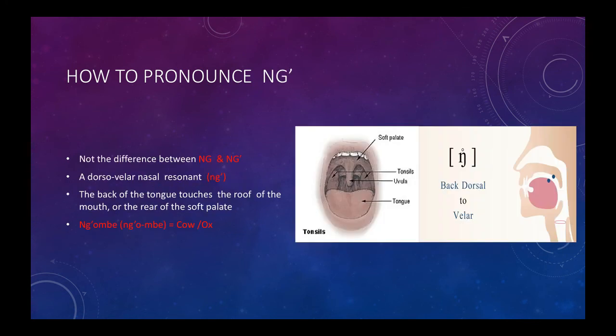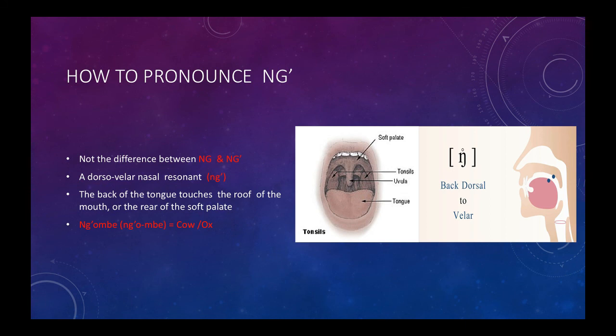I want to recall, as I mentioned earlier, in relation to NG as in sing, ngozi, which means leather in Swahili. So I want to note the difference between NG and NG with an apostrophe. Both sounds are similar, but one is more nasal than the other.